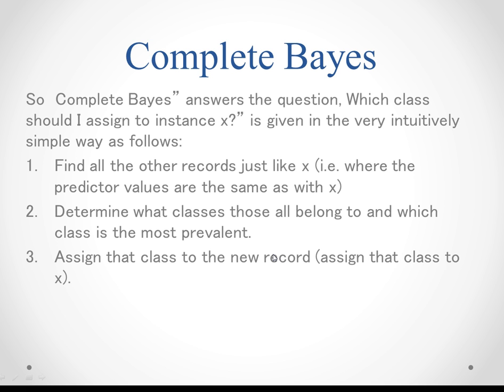How does the complete Bayes answer this question? Again, what does number 1 say? Find all the other records from the 2,000, from here, that are exactly like our new person.